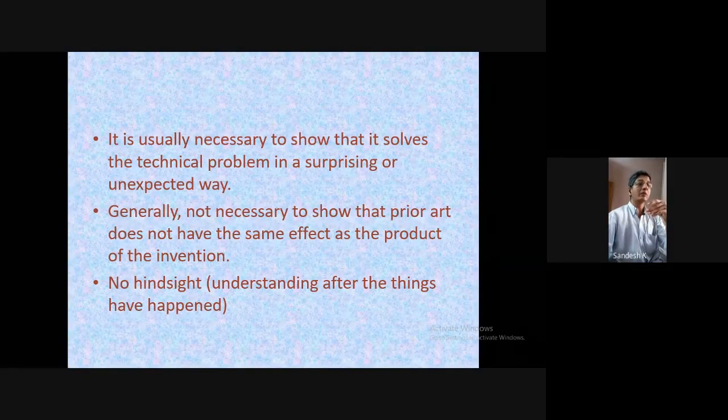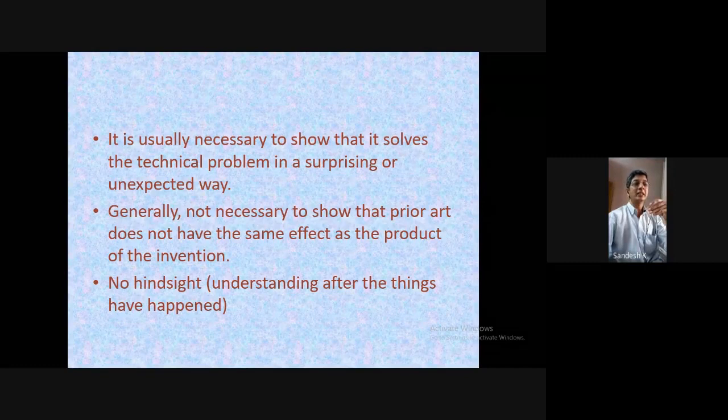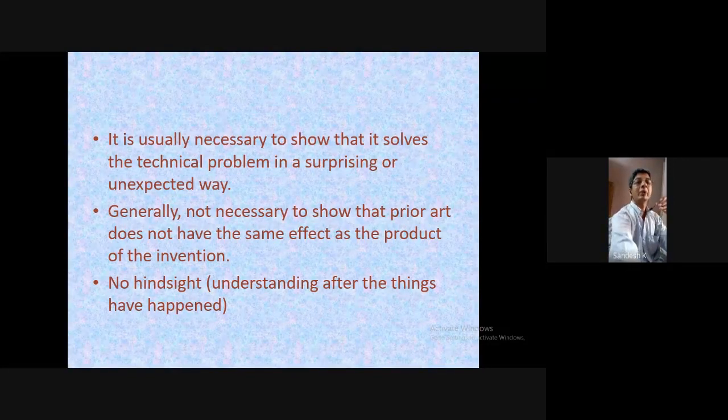But after looking at the product, you understood how it looks and how it works. And then you say, this is what we were doing for so many years, why have you not filed the patent? That is hindsight. So if there is no hindsight, that is non-obviousness, and definitely you can go ahead for patenting.